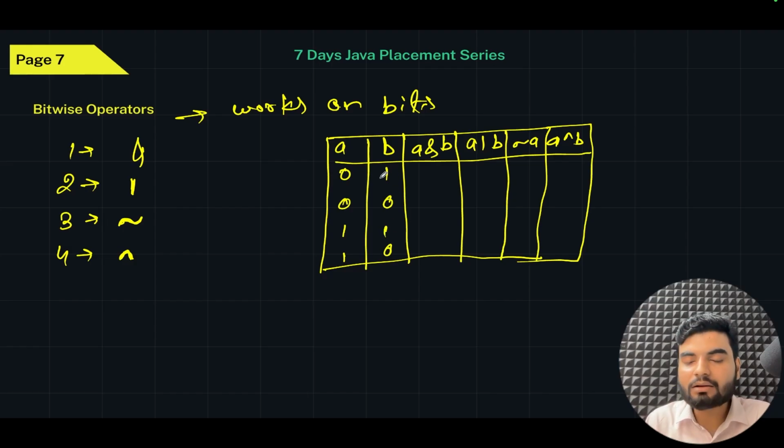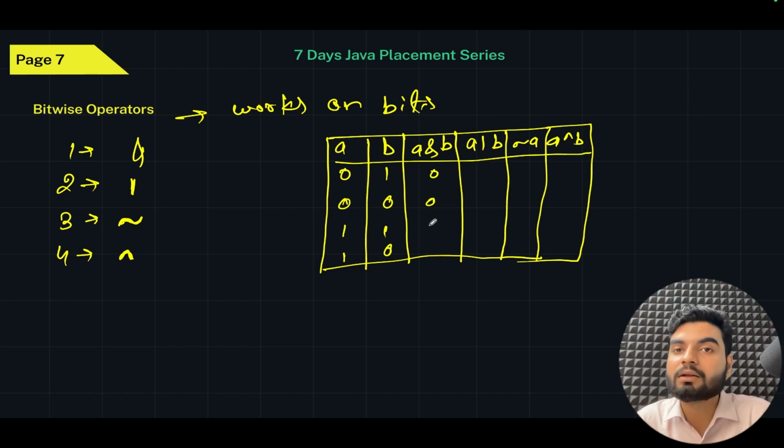Now for AND, if any of them is false, it will become false, same as before. But they are working on the bits, which means 0 and 1 will become 0, 0 and 0 will become 0, and 1 and 1 will become 1.